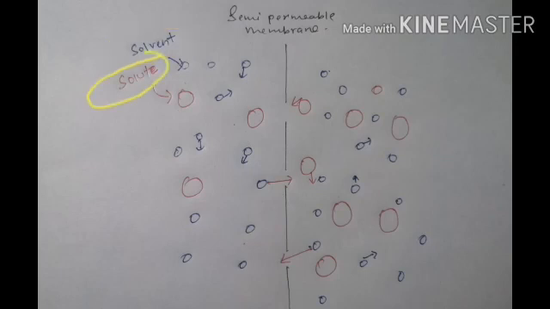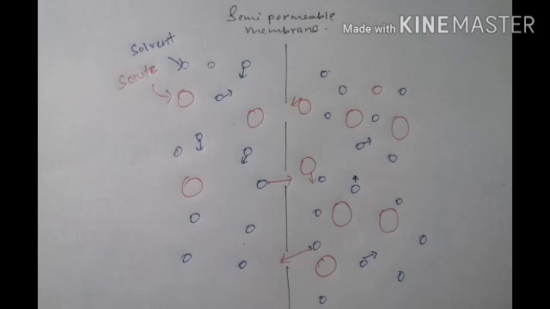So let's dissolve some solute, and I am going to make the particles bigger like this so that you can see they would physically have trouble passing through these gaps. I'm going to add many more on the right hand side. So we have a higher concentration of solute on the right hand side. You can see from the size that these big particles aren't going to be able to go through the membrane.